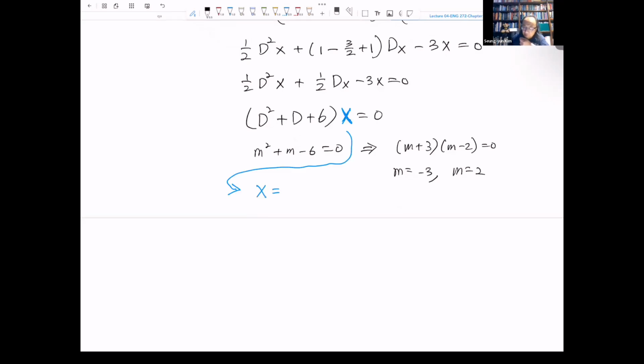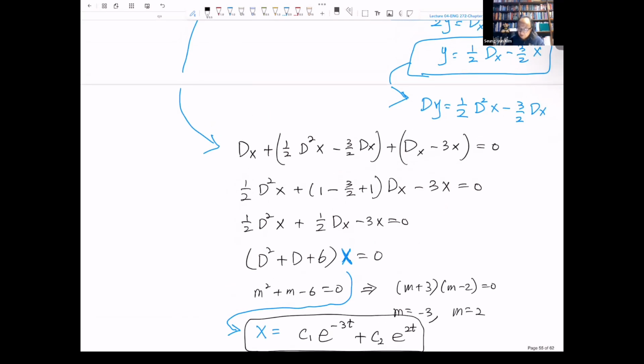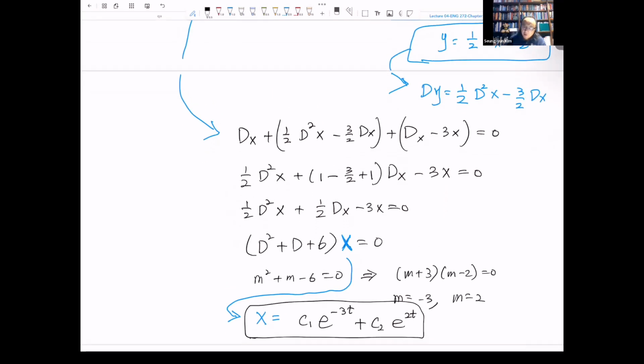So the solution is x equals C1 e to the negative 3t plus C2 e to the positive 2t. Once you have x in terms of t, now we need to find y. Up here we said y equals 1 over 2 Dx minus 3 over 2 x, right?